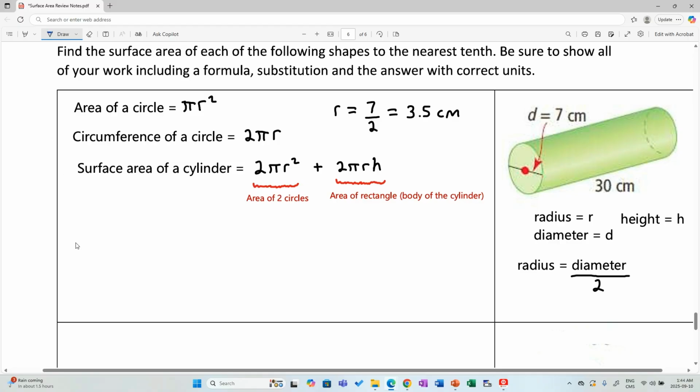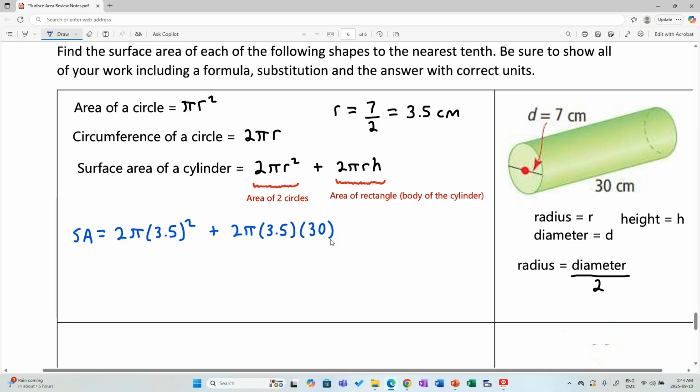So to find the surface area of a cylinder, all I do is compute it. My radius is 3.5. I'm now going to square it. I'm going to add that to 2 times pi times the radius again. I'm going to multiply that by the height.